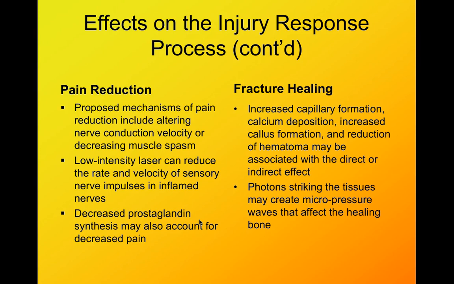The low intensity laser can also reduce the rate and velocity of nerve impulses if they're already inflamed. This is a big thing with the evidence in light therapy. Light does very little in healthy tissue. It has more effect when tissues are already altered or injured. So that's why some of the studies are hard, because we do a lot of our studies on healthy tissue, right?